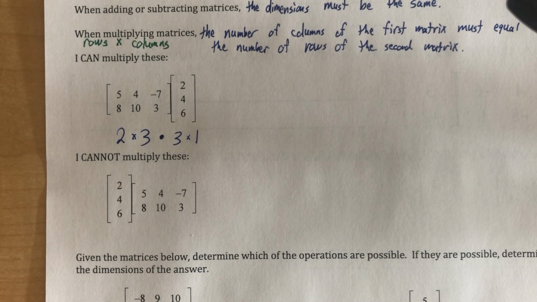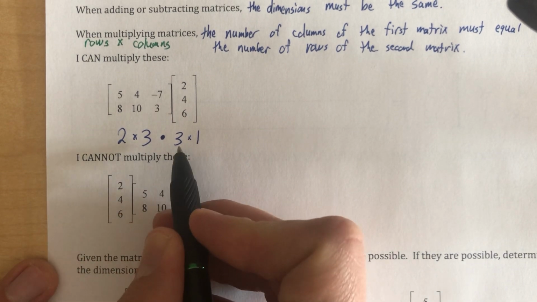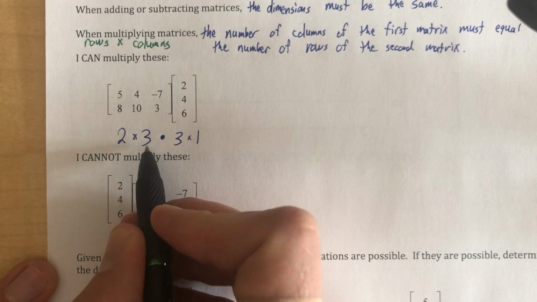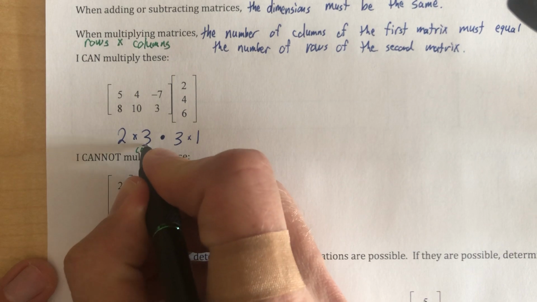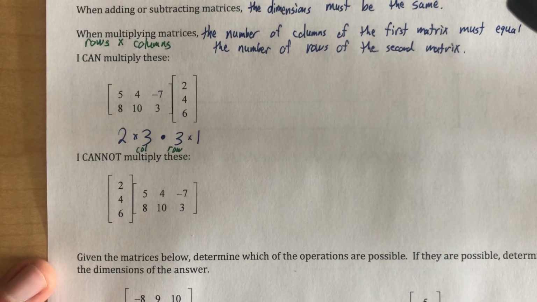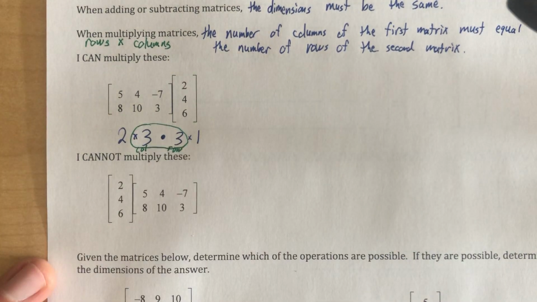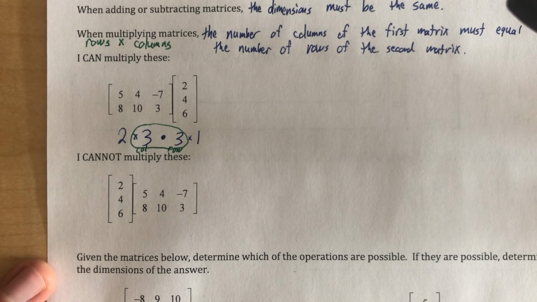So what I really have was rows and columns, rows and columns, and the columns here match the rows here, and that's exactly what they wanted. So because these 2 middle numbers are the same, I can multiply them.